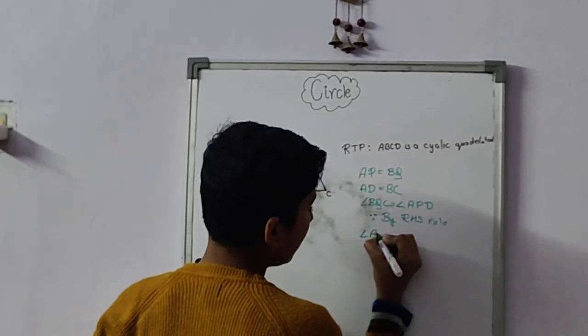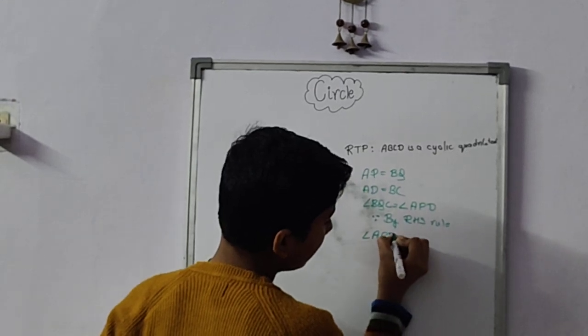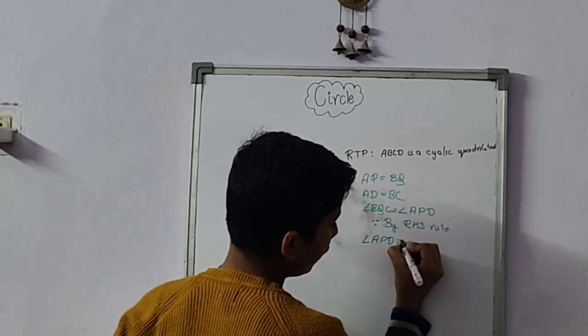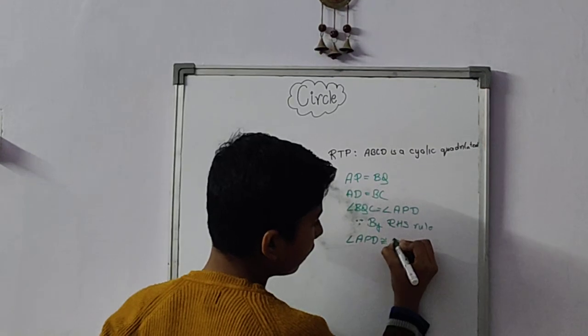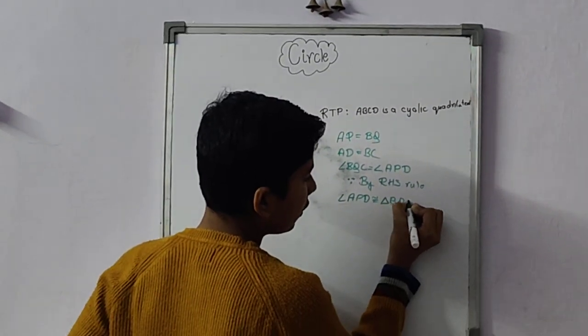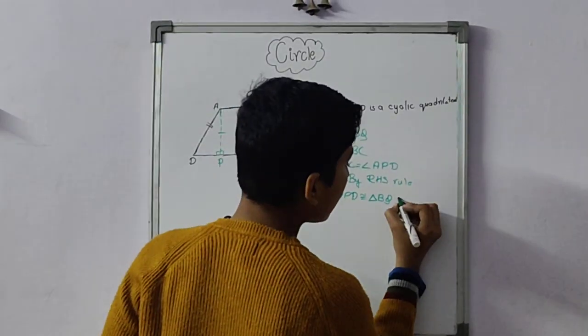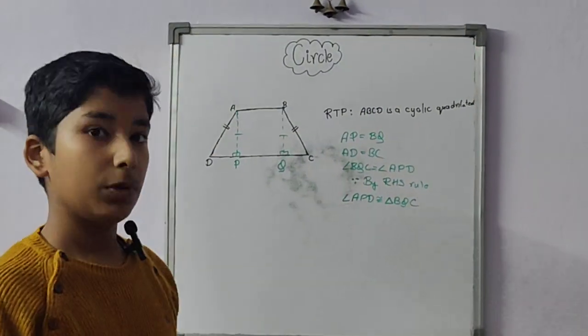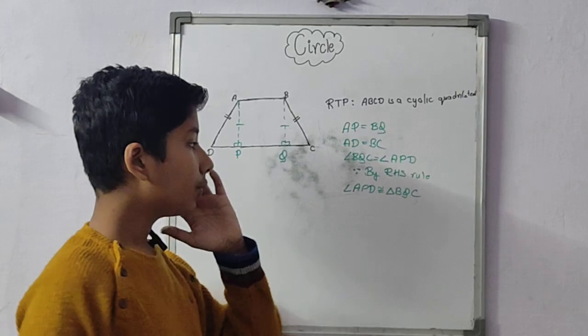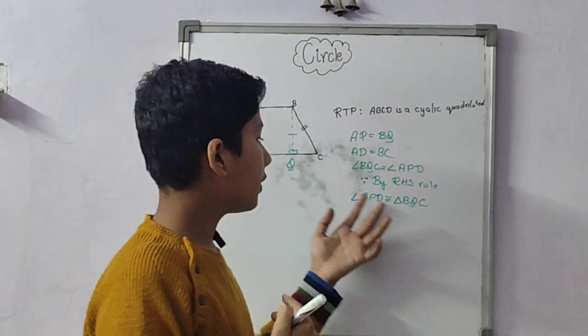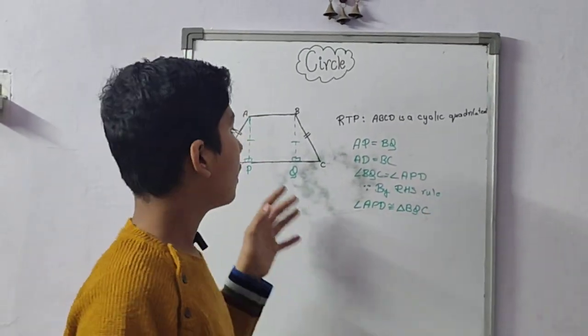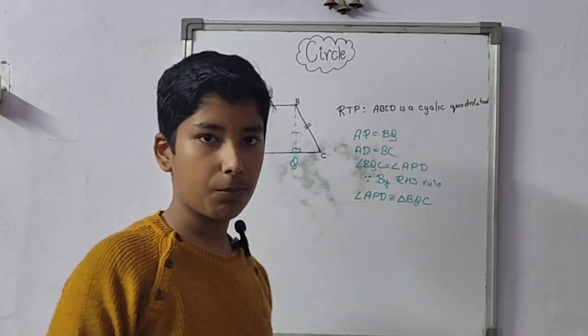Triangle APD congruent to triangle BQC, sorry, I wrote D by mistake. So I had to prove this congruent. So now you will see why I did this.